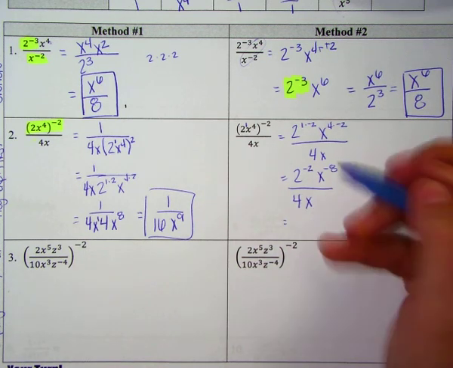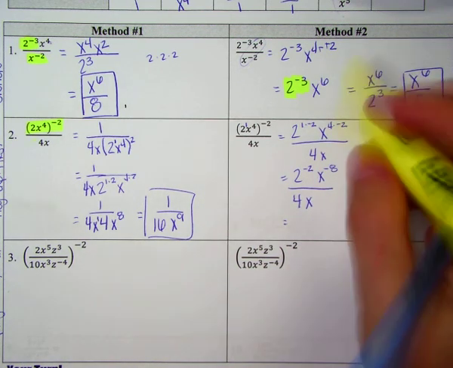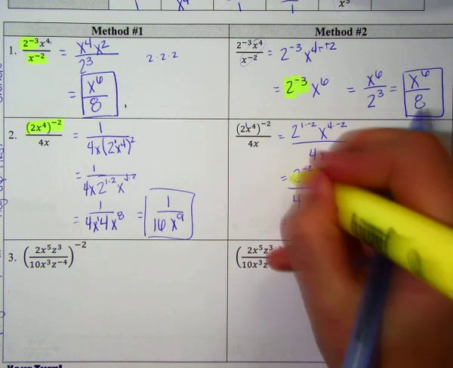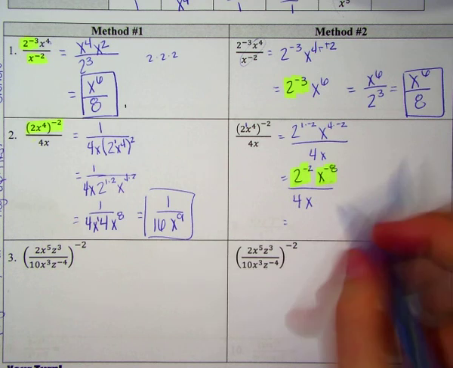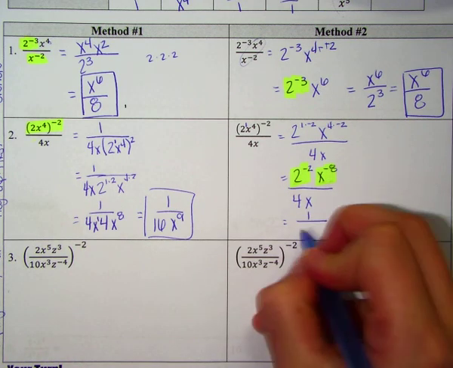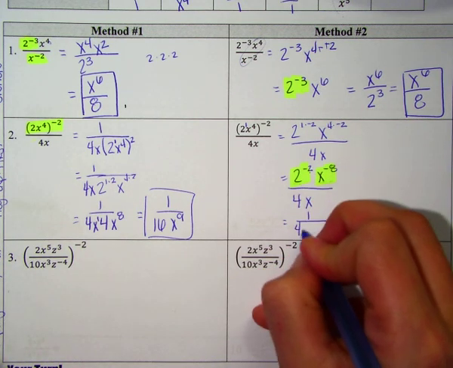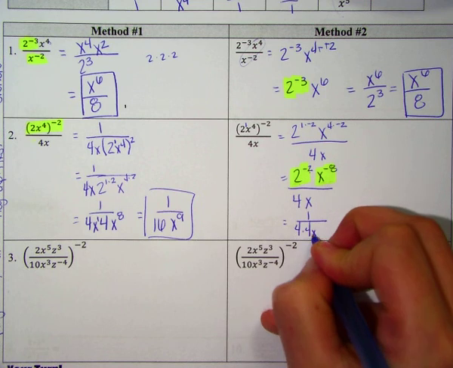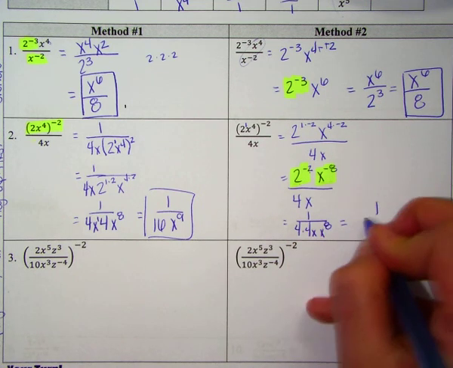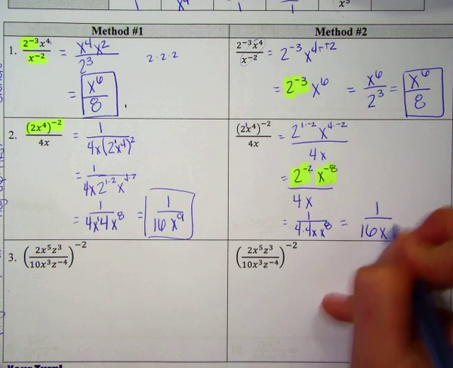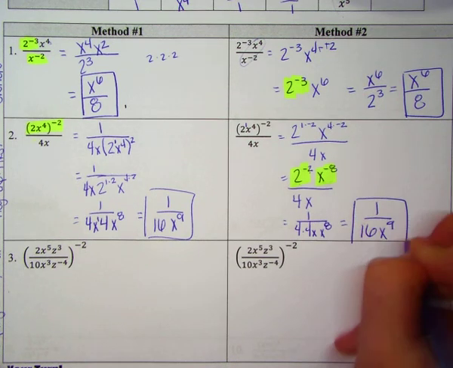If you want to, you can now move things, if you like. Many different methods to do this. I'll go ahead and move them. This becomes 1 over 2 to the second is 4, and then x to the 8th, which is 1 over 16, x to the 9th.